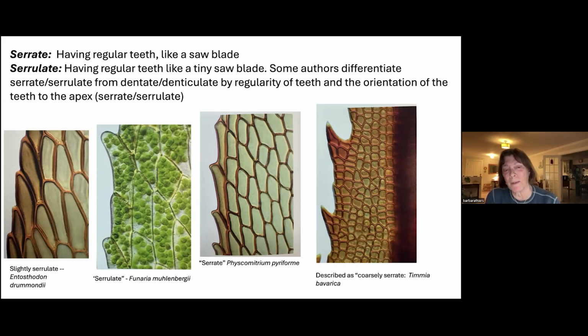Pseudoscleropodium purum seems like a good bet for serrate, but doggone it, Timmia bavarica, why is that not dentate? Or even spinose, if you get right down to it. It's multicellular. I mean, they're regular, I suppose, but a dentate margin can be regular too. So that's a bit of a mystery to me.